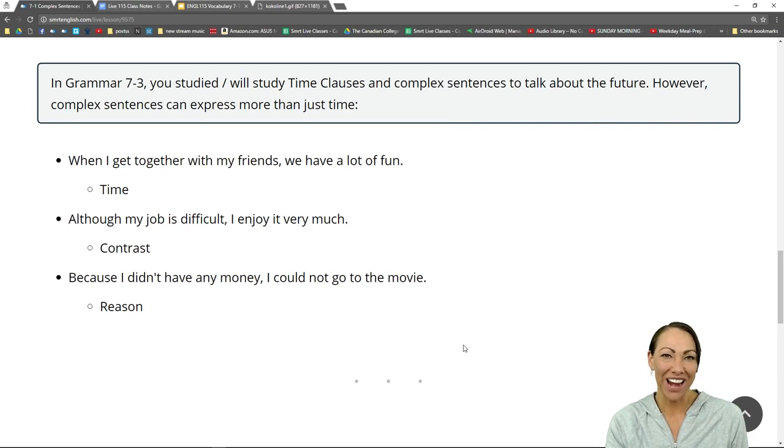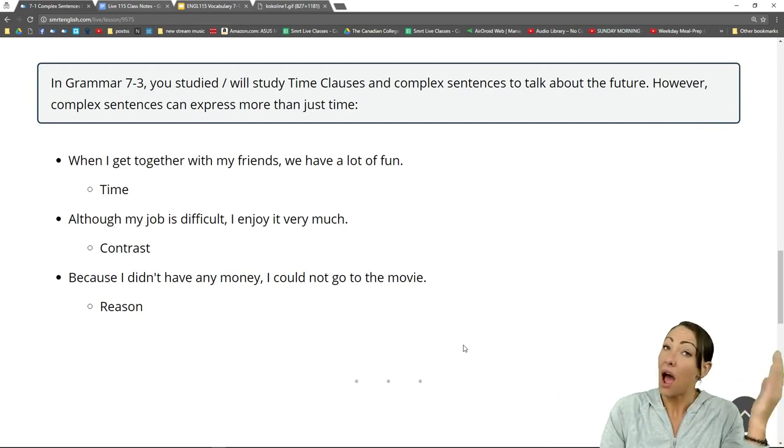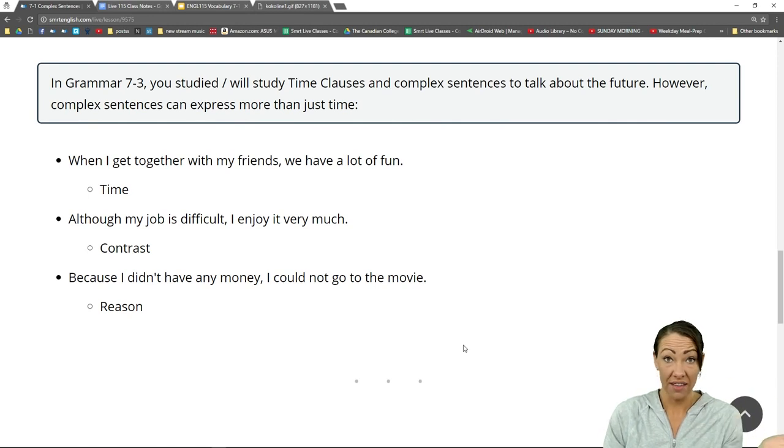And then our third one, complex sentences can show us a reason, or we might also say a cause and effect. This happened, so this happened. We would say that's reason. "Because I didn't have any money, I could not go to the movie." Once more, that shows us reason, cause and effect. I didn't have any money, okay?